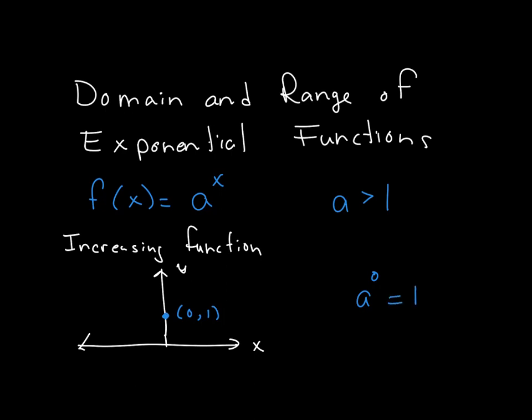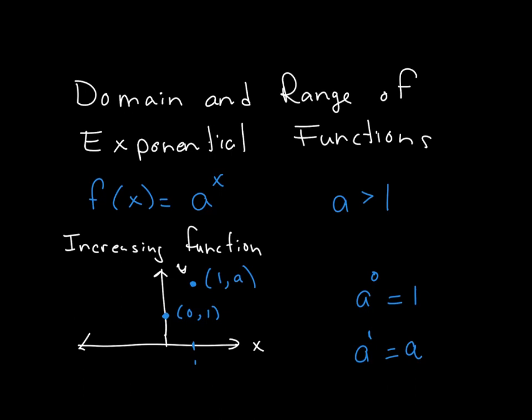Anything to the 0 power is always going to equal 1. The next point that's going to be really important here is when the x value is equal to 1, then whatever a is will be up here someplace, and that will be at (1, a). And that's because, again, with whatever a is, if my x value is 1, that just equals a.